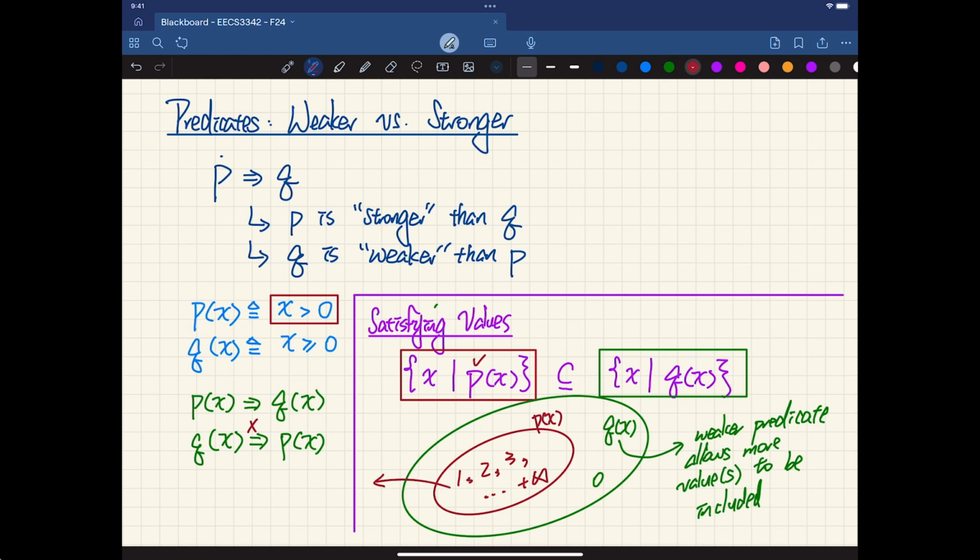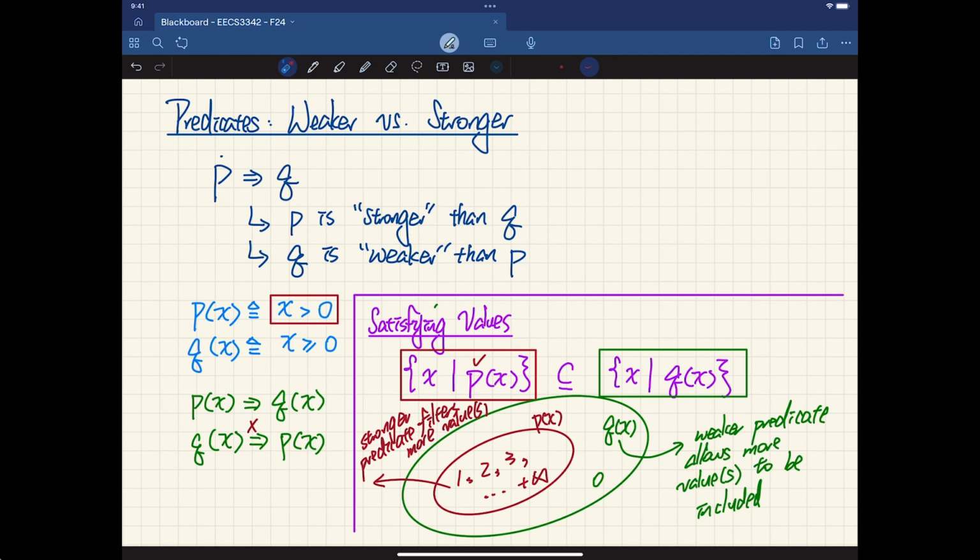Right? You can see include versus filter, you can see the word usage here. Stronger predicates filter more values. And you can see it filters out exactly 0, right? All right, so that's about stronger versus weaker.